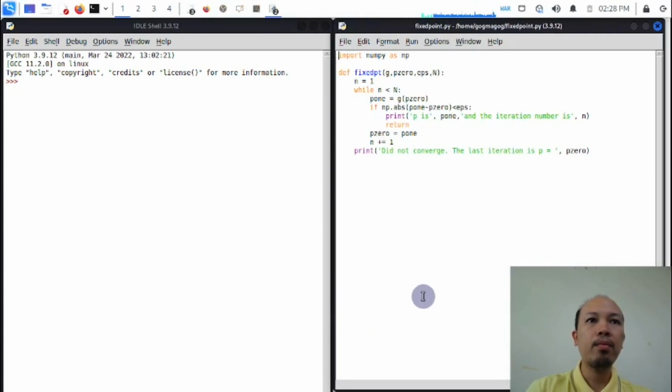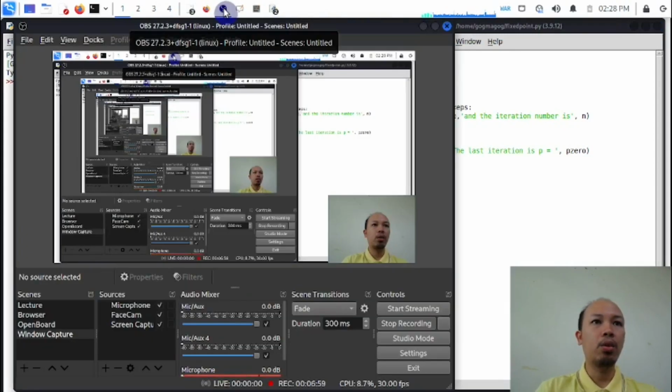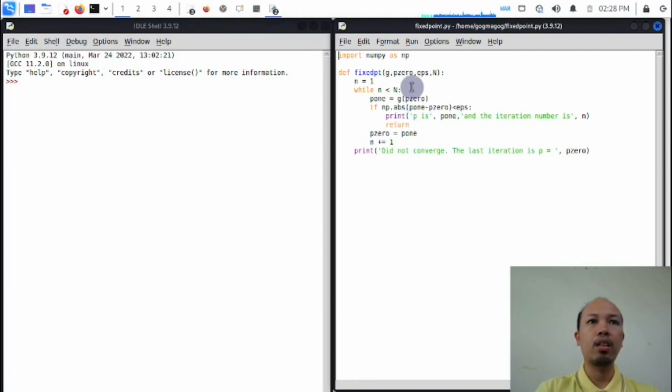This is the Python code for the fixed point iteration. Again, first you have to import our package numpy as np, and then write this code here.